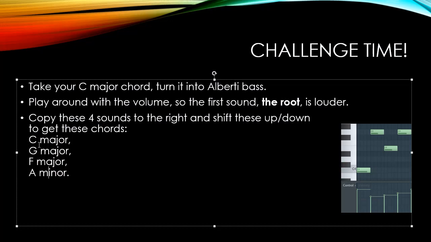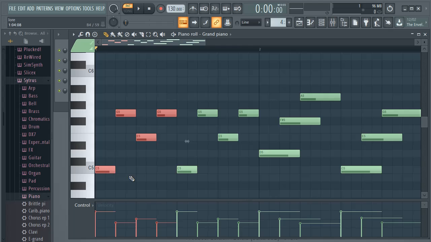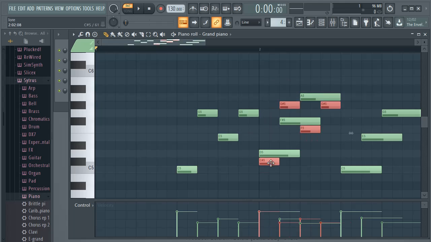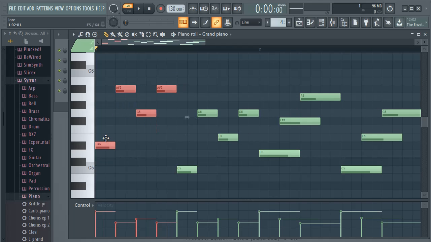I was supposed to do C, G, F, A. C, then G, this would be here obviously, and then F, and then A minor, alright? C, G is all the way here, F a bit lower, and A is way above G, alright?